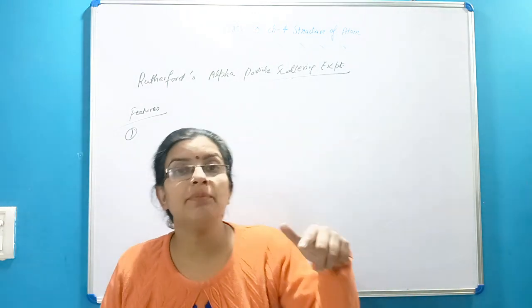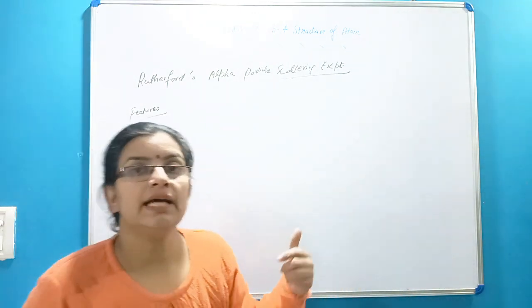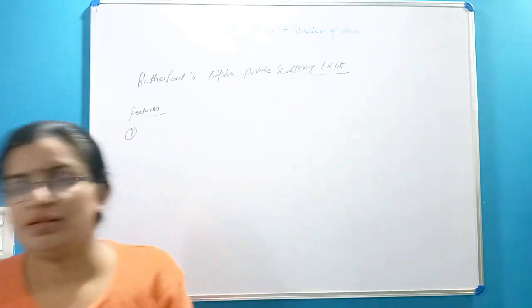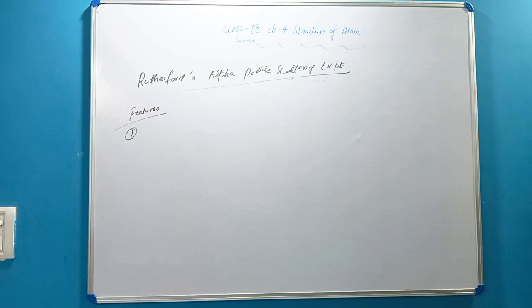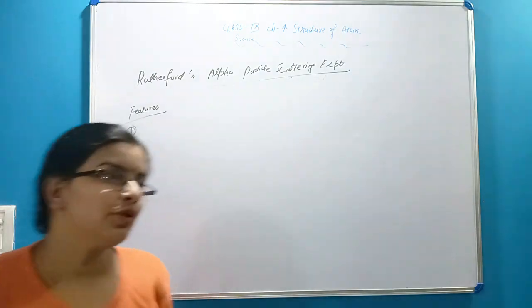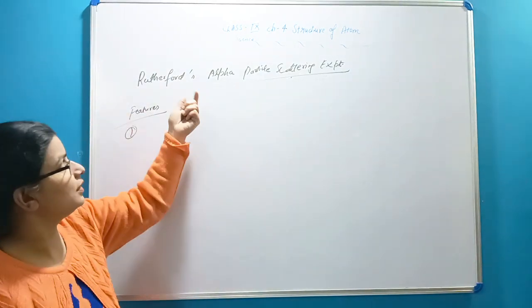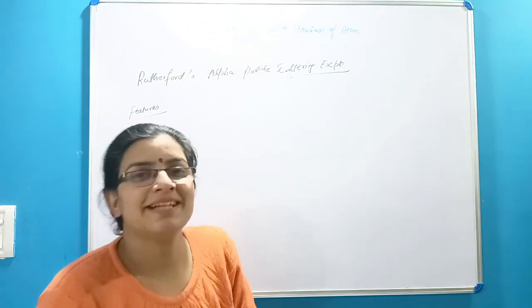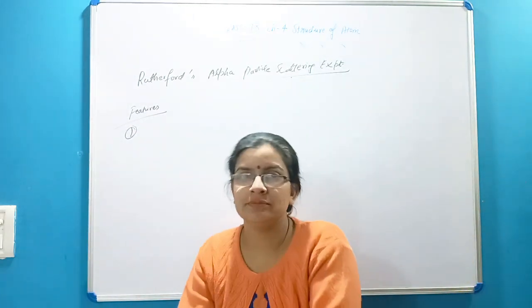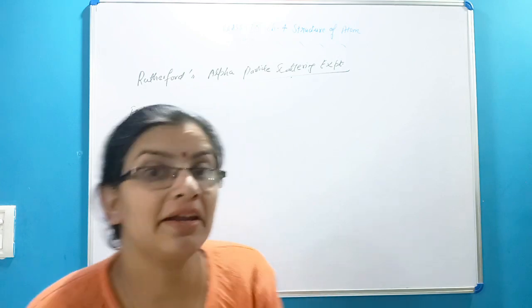This concludes that most of the space present inside the atom is empty. So the features, or results, of the Rutherford alpha particle scattering experiment, the nuclear model explained by Rutherford.